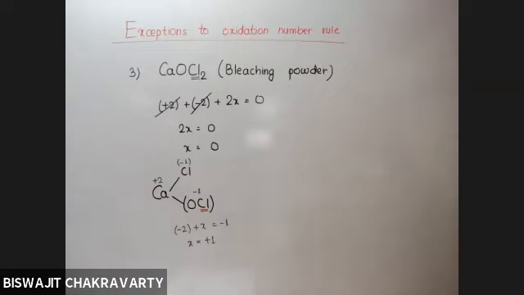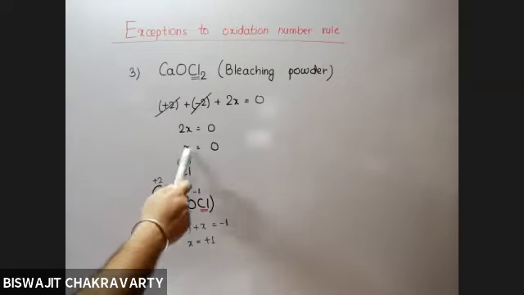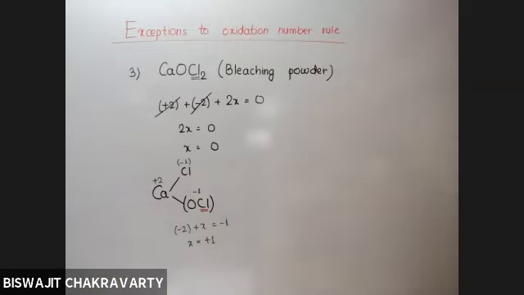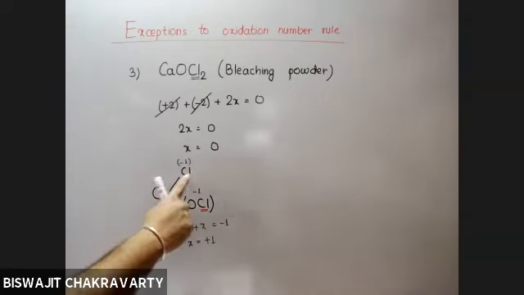But as a whole, the answer comes out to be 0 because the average of the 2 is 0. But that does not mean both of them are 0 individually. Just now, as we have seen with the help of the structure, one chlorine is minus 1 and another chlorine is plus 1.